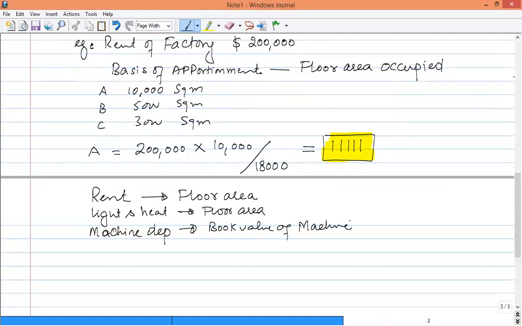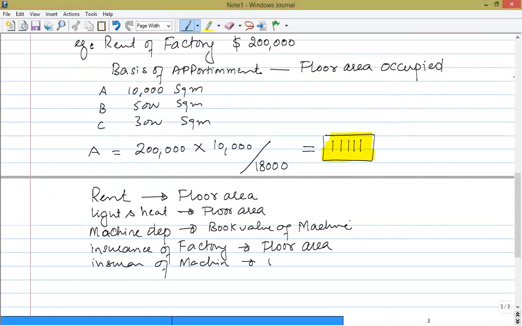If the overhead cost to be apportioned is insurance of the factory, then again it is based on floor area, and if it's insurance of machines, then the value of the machines, and so on.